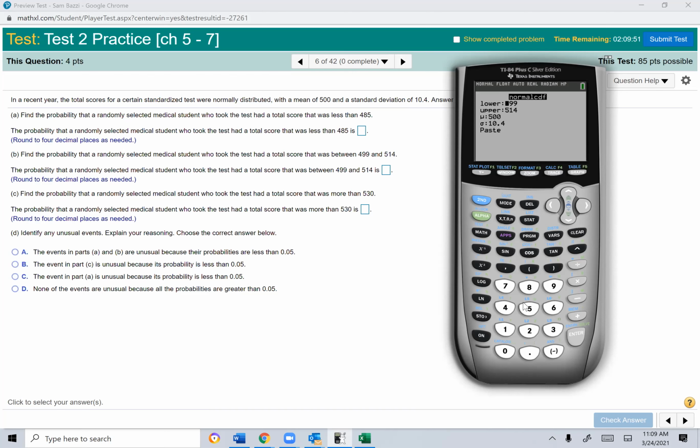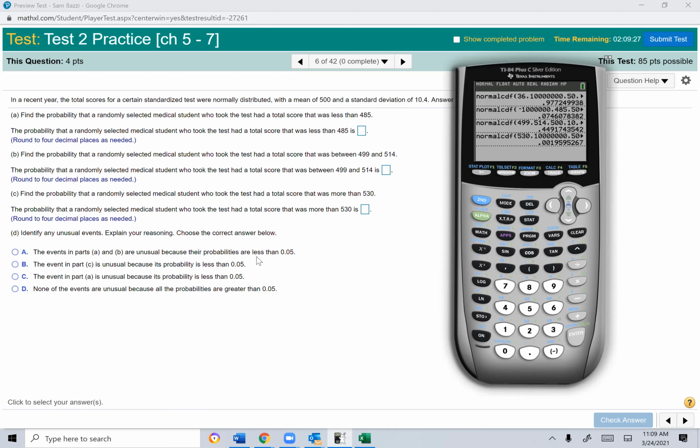So what would be the lower bound? 530. 530, that's correct. I hope that this is ringing a bell, guys. I'll be nervous if you tell me no, you forgot it. And then mean, standard deviation, and here you go. That's the answer, 0.00195. It will be 0.002 if you round it to 4 decimal places.